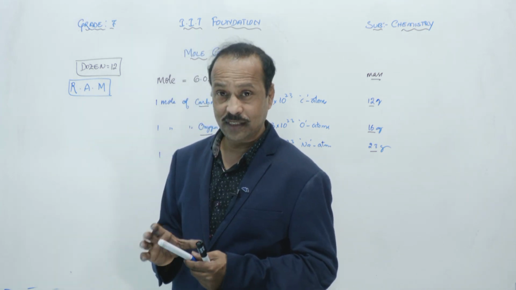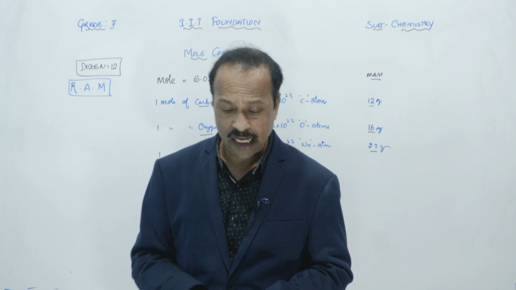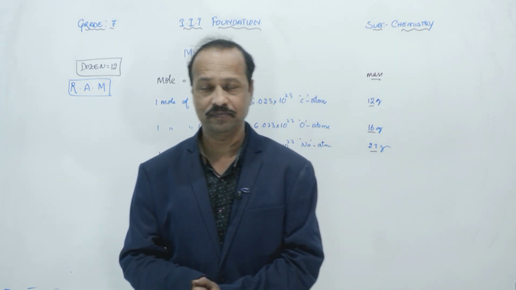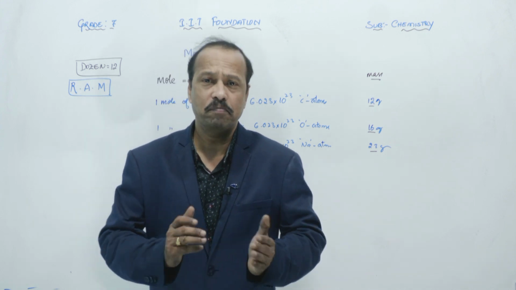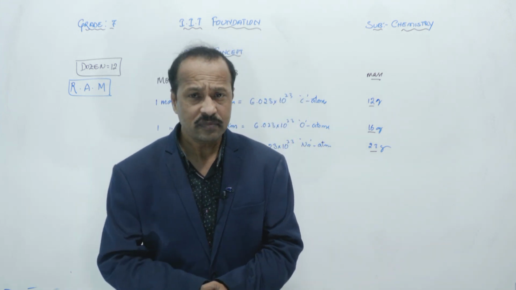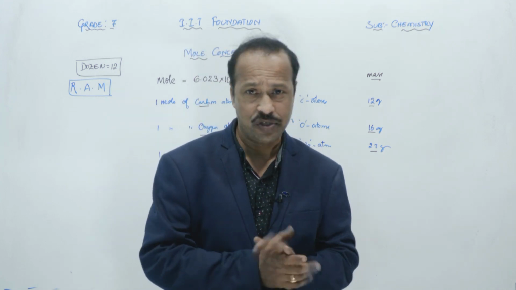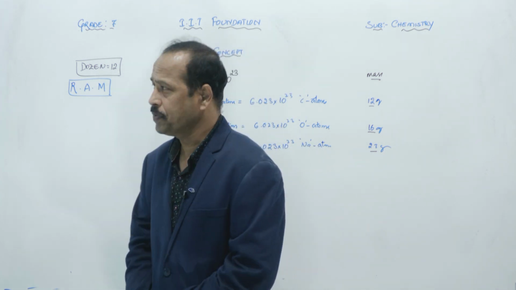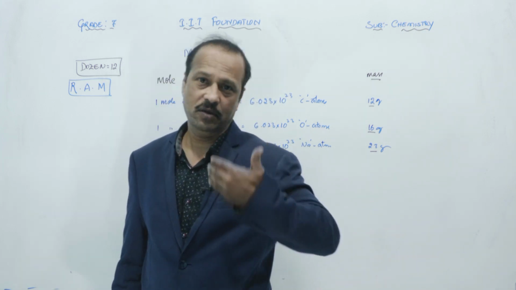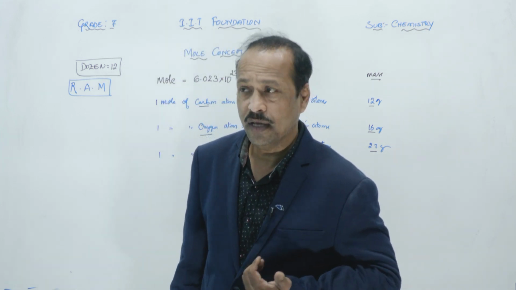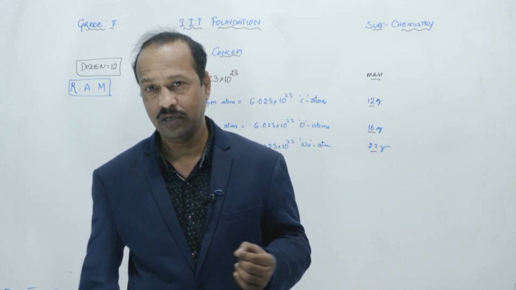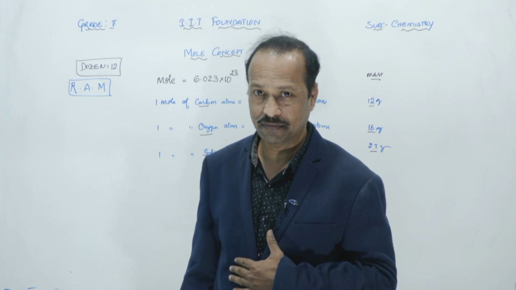What is this relative atomic mass? Relative means comparison. So, here we need something standard to measure. For example, if you ask me what is my height, I'll say my height is 5.7, meaning 5 feet 7 inches.